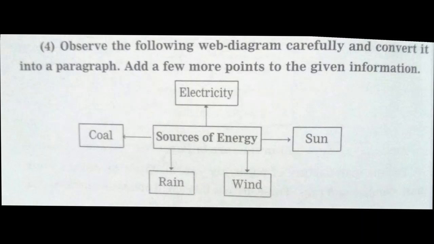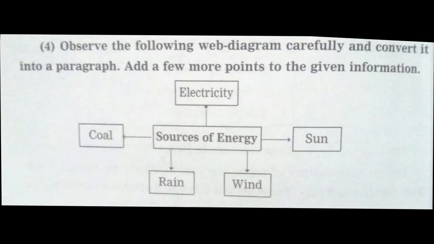Now, there is another exercise. Observe the following web diagram carefully and convert it into a paragraph. Again, this is non-verbal to verbal. So in this, we have to add a few more points to the given information.